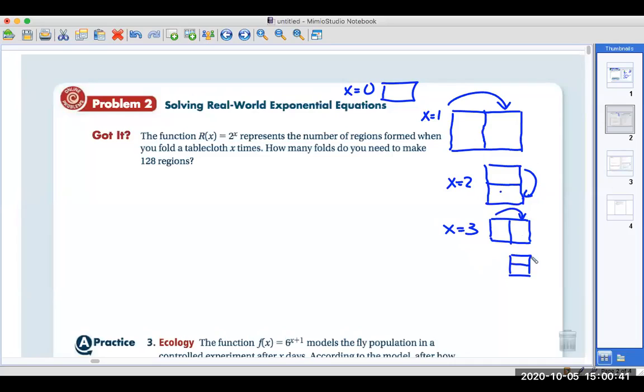Now I fold that in half. That's x is 4. We want to know how many folds do you need to make 128 regions. So you got 1, 2, 3, 4. I would say that's how we're going to count them. So the R stands for regions.